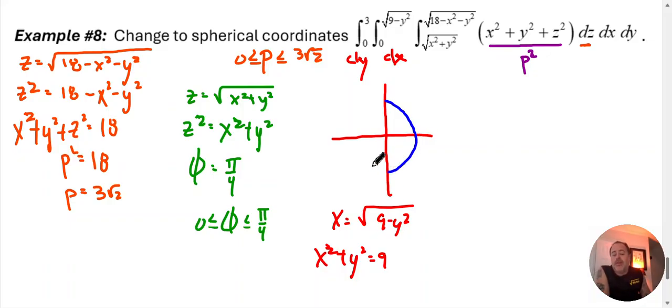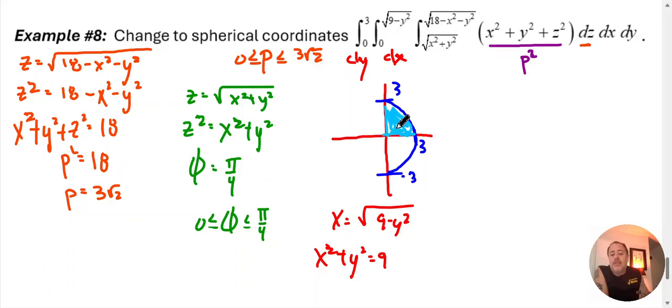And since this is a radius of 3, just like in our previous example, y is going to be from 0 to positive 3.